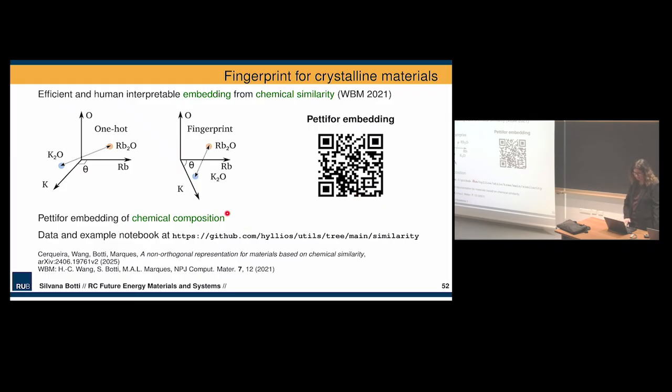The idea is to use again the concept of chemical similarity I talked about before. We have this scale of similarity: if two chemical elements are very dissimilar, the similarity index will be 0. If they are very similar, it will get close to 1. We start from a simple one-hot representation for the chemical composition. Here we have 3 chemical elements, but we have to imagine our 89-dimensional chemical space.